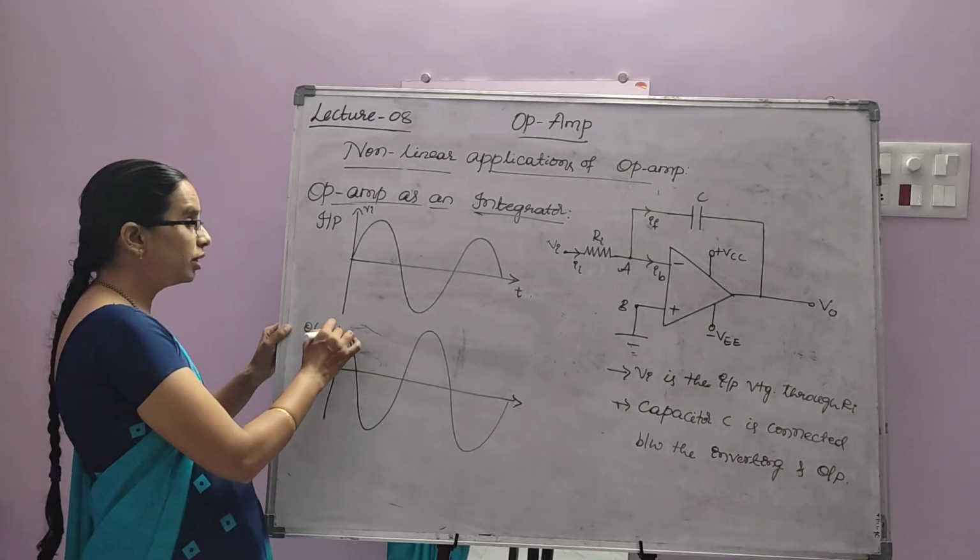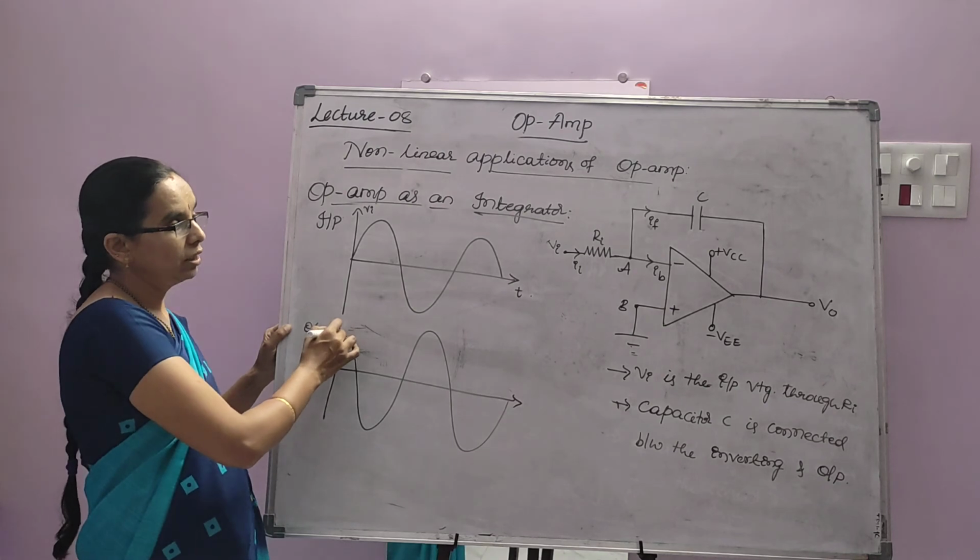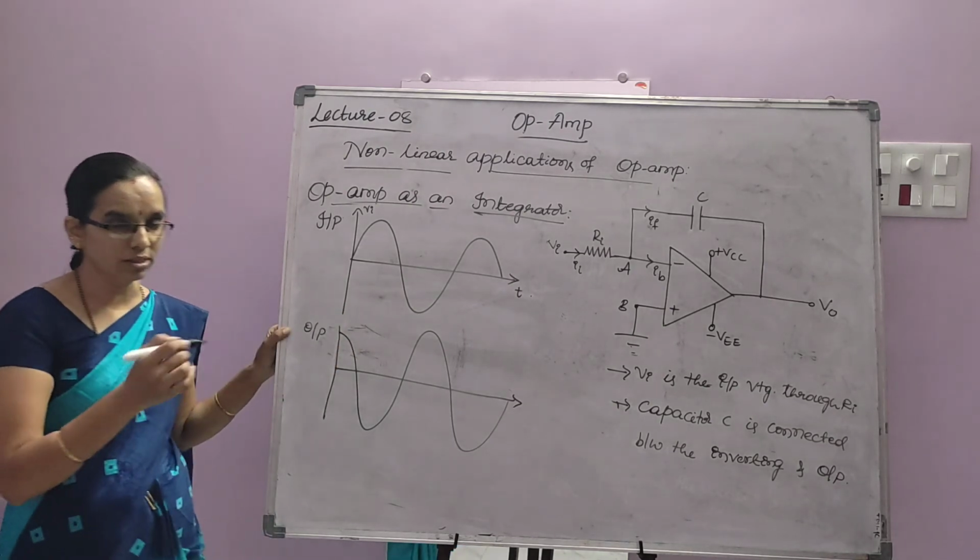Here it is not inverted because already it is minus cos, right?